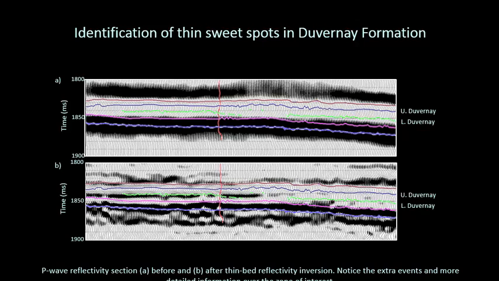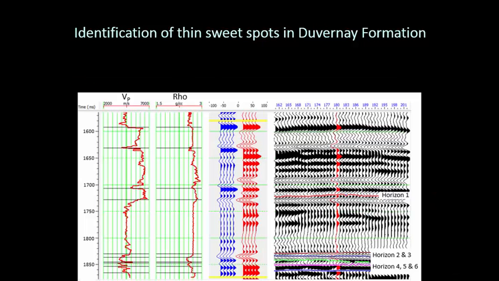So what I do is I run this thin bed reflectivity inversion on my data. The P wave reflectivity I'm showing you. This is the enhancement I get. Now I correlate with the log control. This is the synthetic in blue. Red is the real data that you see there. And my zone of interest is here.